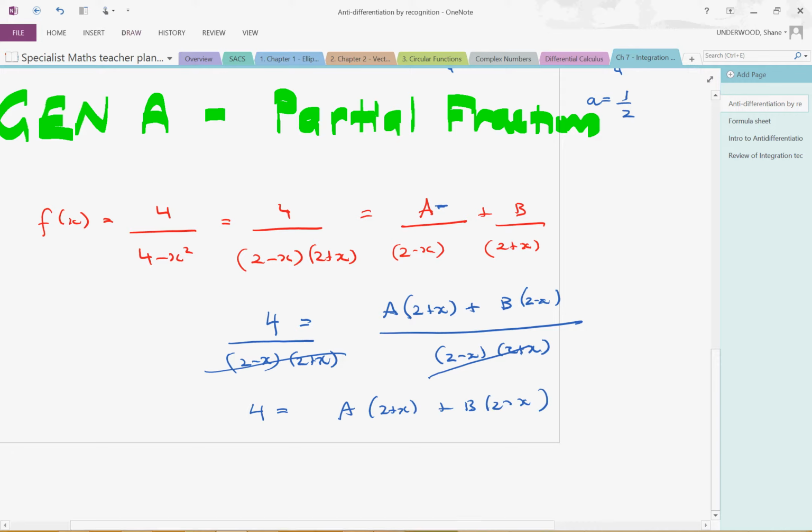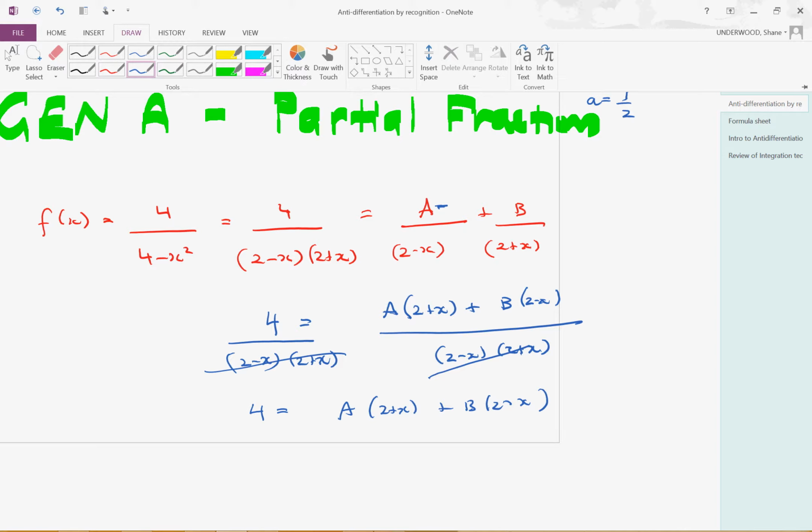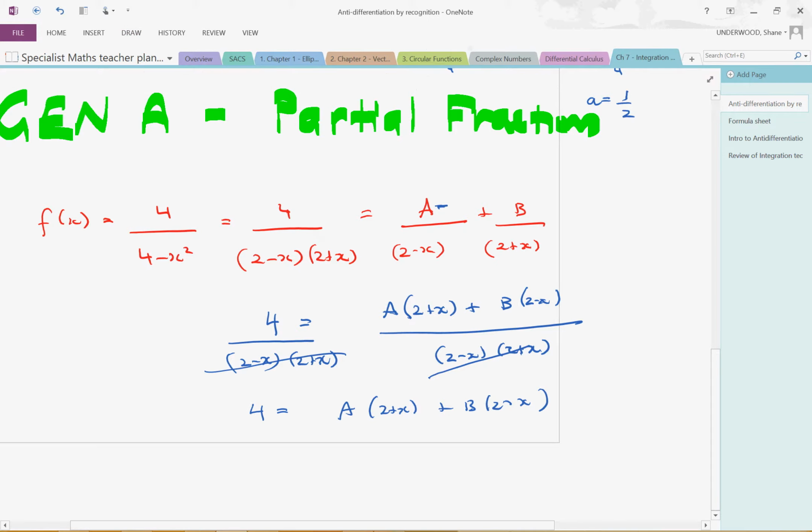So what we need to do is solve for a and b. In this case, it's pretty straightforward to let x equal negative 2, which gives one equation: 4 is equal to, that's going to cancel that out, so we've got 4b is equal to 4, and therefore b is equal to 1.